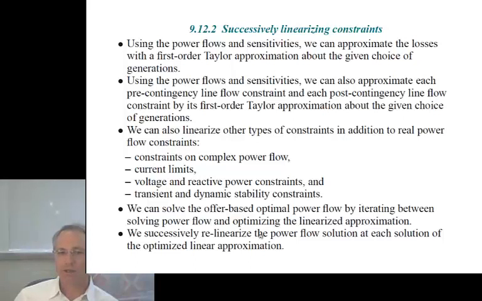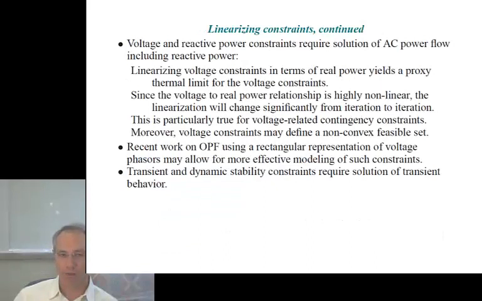We can successively linearize the power flow solution at each solution of the optimized linear approximation. Of course, all of this relies on the AC power flow having nice enough properties that such a successive linearization leads us to a useful solution of the original AC problem.